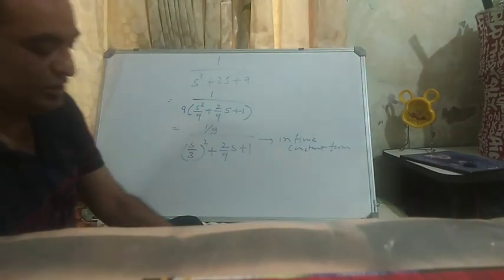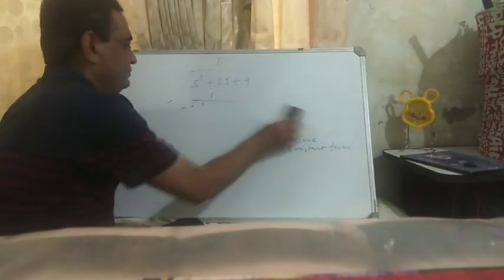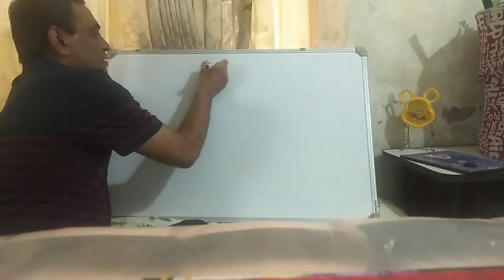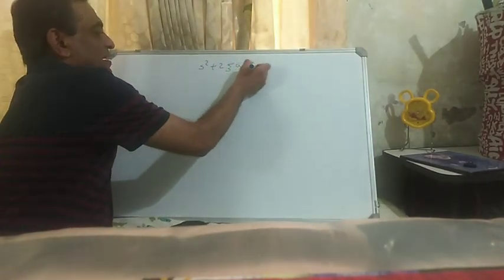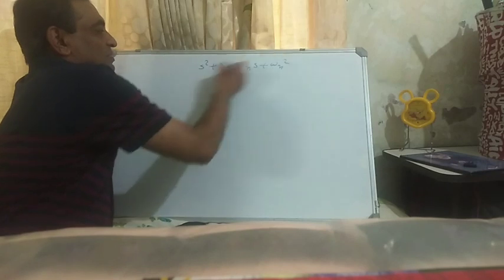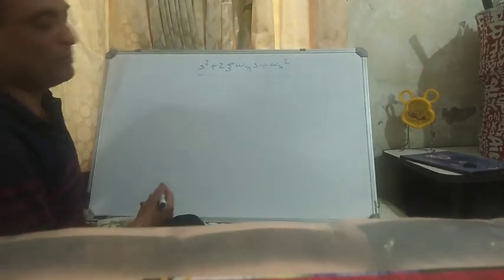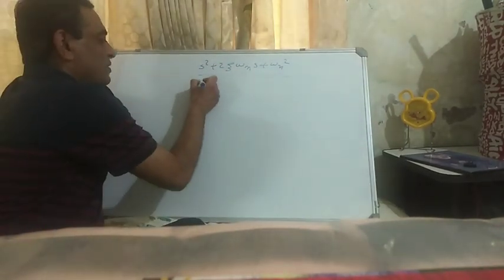So in general, s square plus 2 xi omega n s plus omega n square can be converted into a time constant form by taking omega n square common.